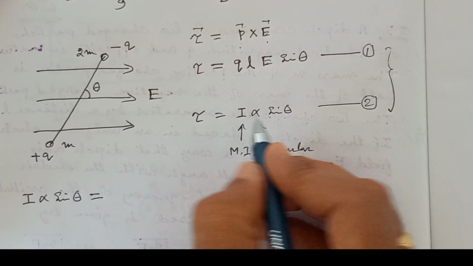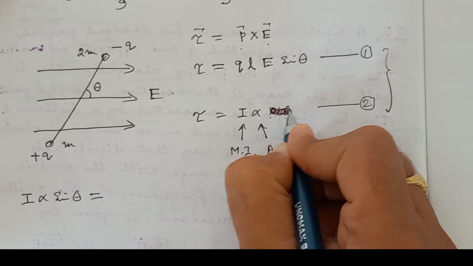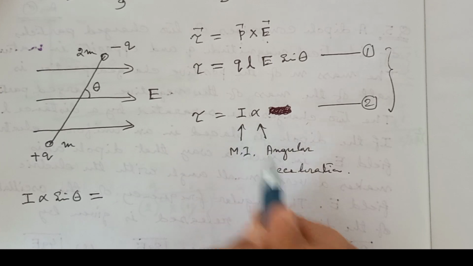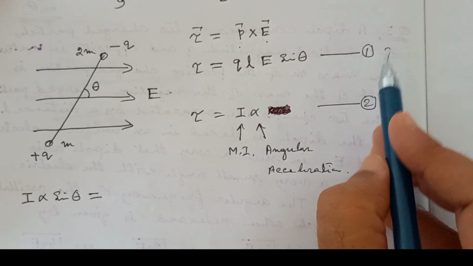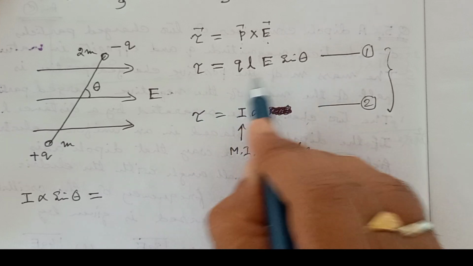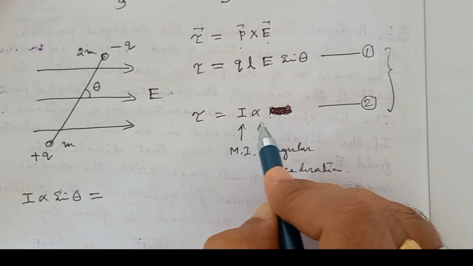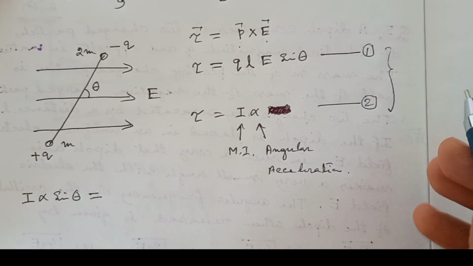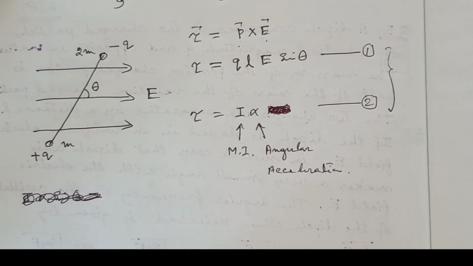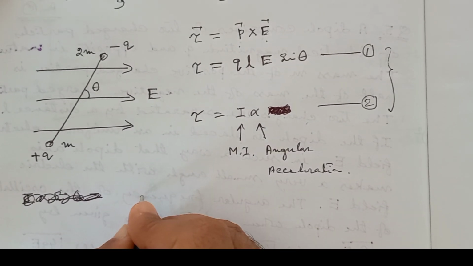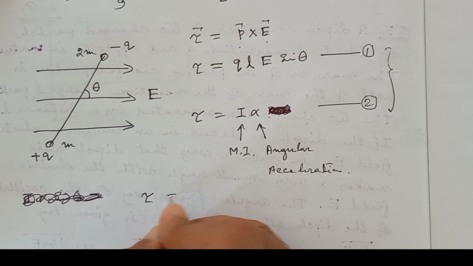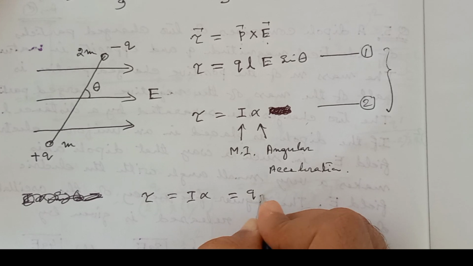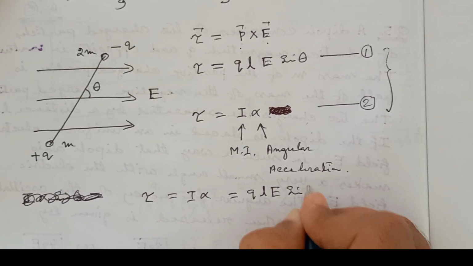In another notation, torque can be written as I into alpha, where I is the moment of inertia, alpha is the angular acceleration. Let us consider the first one is equation number 1 and the second one is equation number 2. Since these two equations are similar, we can write tau is equal to I alpha is equal to q into L into E sine theta.